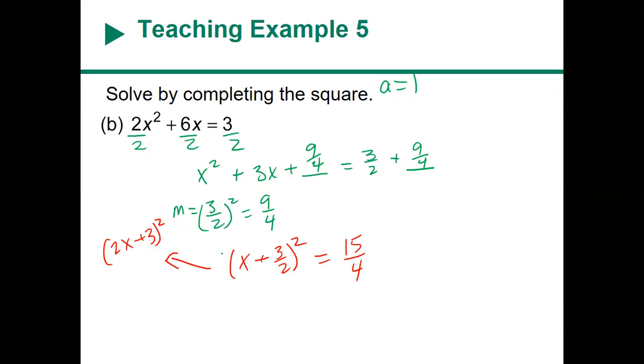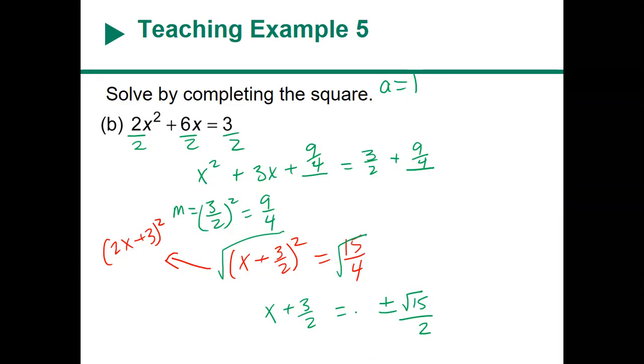All right, so I'm going to take the square root of both sides. Square root of both sides. And that leaves me with x plus 3/2 equals plus or minus the square root of 15 over 2. And that's because the square root of 4 is 2. Agree?